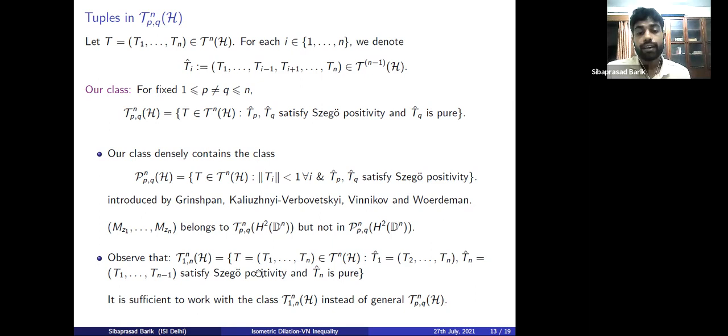Why is it sufficient to work with this class instead of the other? Because if we take a tuple in the class τ_n^{pq,h}, then interchanging T_p with T_1 and T_q with T_n, we can always look at the tuple in the class τ_n^{1n,h}. So our next result will be in terms of this class τ_n^{1n,h}.